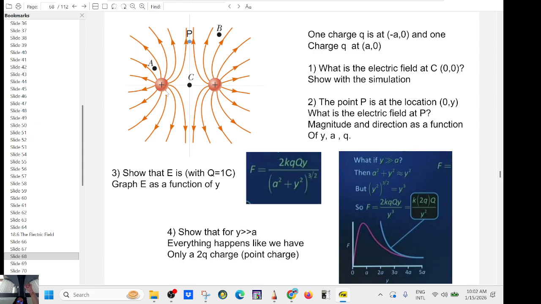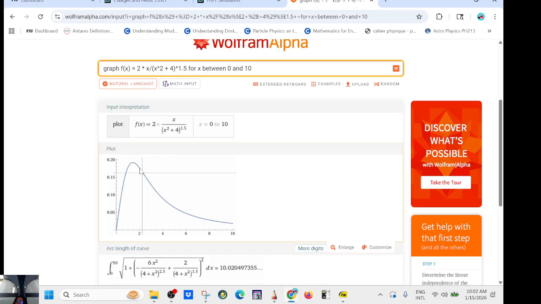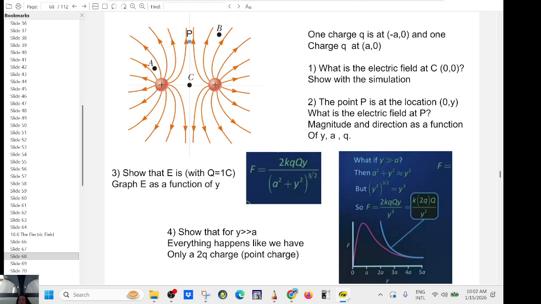It's going to reach a maximum when this distance equals that distance, right? And then it's going to decrease. You want that to decrease because at infinity there is no more electric field. So it gives you a gut feeling of what's going on. Okay, it's a very nice way to understand. Are we good?